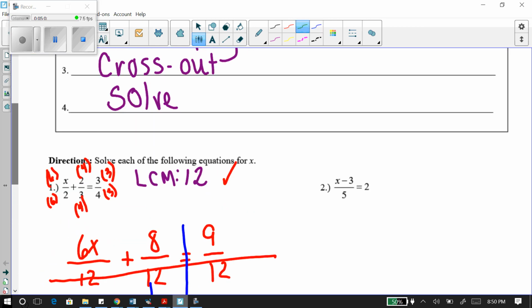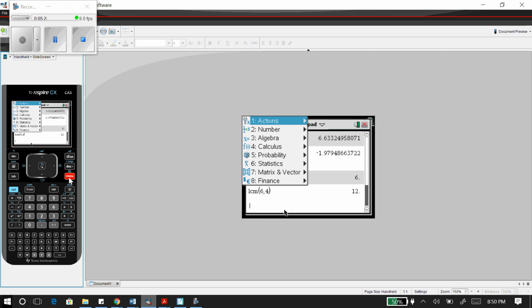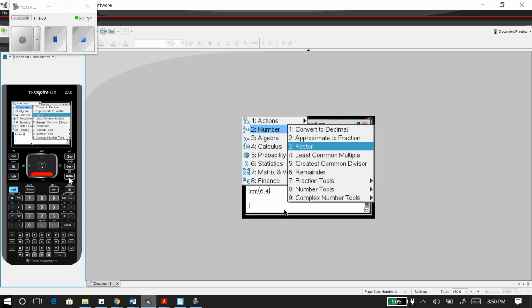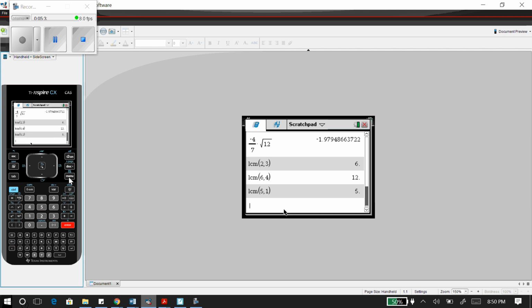Remember, if the number doesn't have a denominator, we put it over 1. We give it a leg to stand on. So step 1, we need to find our LCM. So luckily, it's only 2 denominators, a 5 and a 1. So I go to my calculator and I hit menu, number, least common multiple between 5 and 1.